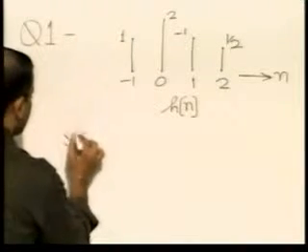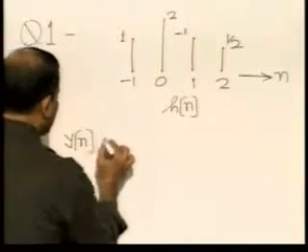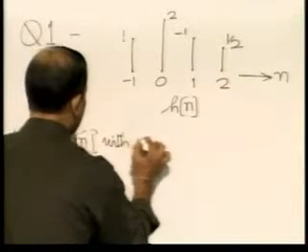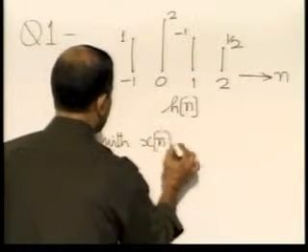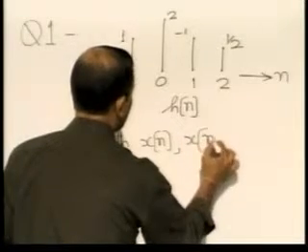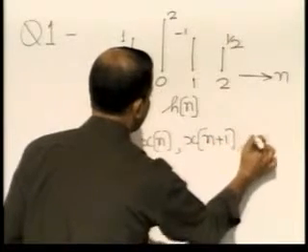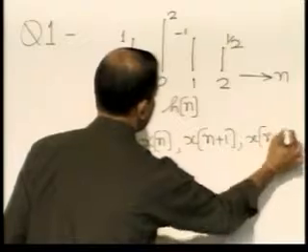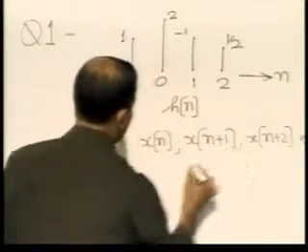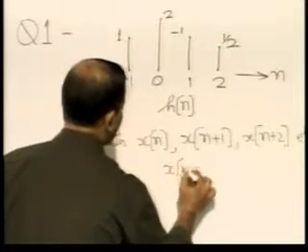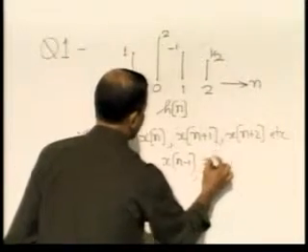And you are asked to relate y[n] with x[n] and future. So, it could be x[n+1], x[n+2] and so on. And similarly past, so x[n-1], x[n-2] and so on.